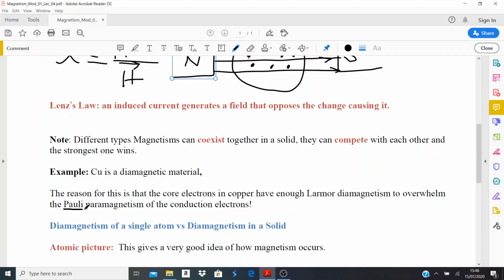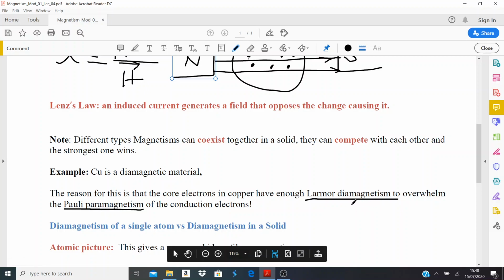One is called Pauli paramagnetism, and the other is Larmor diamagnetism. But the strength of the Pauli paramagnetism is weaker than the diamagnetism. So diamagnetism wins and copper becomes a diamagnet. This is a very important point. So different types of magnetism can always coexist inside the material, and they will compete with each other.